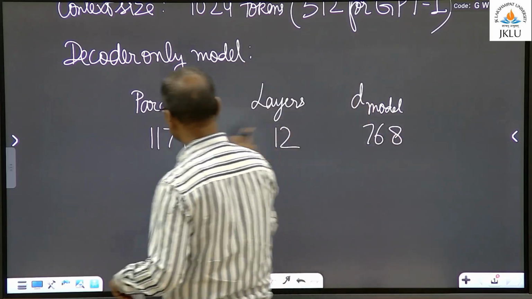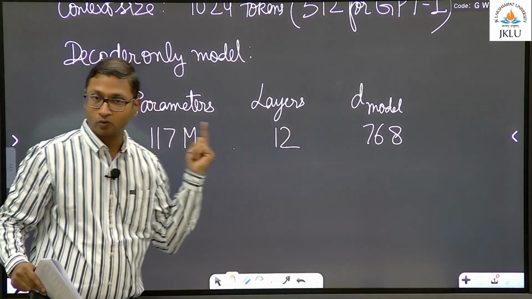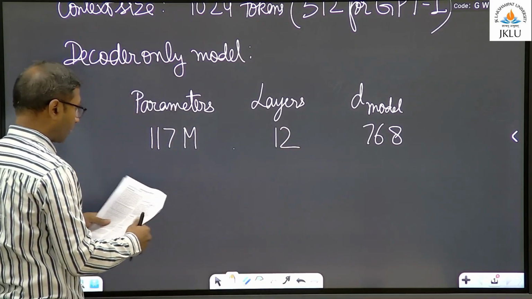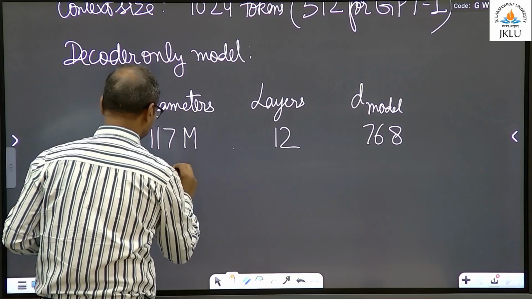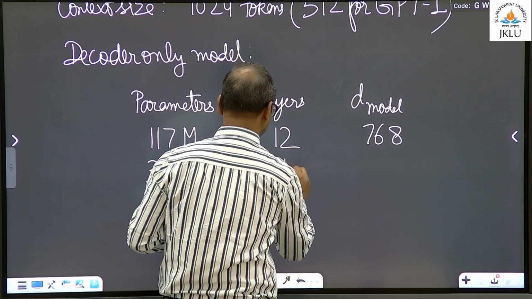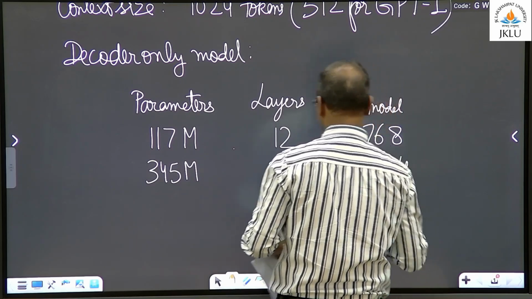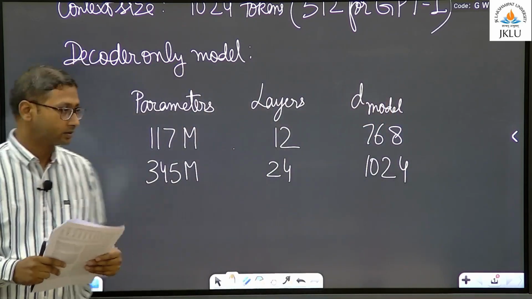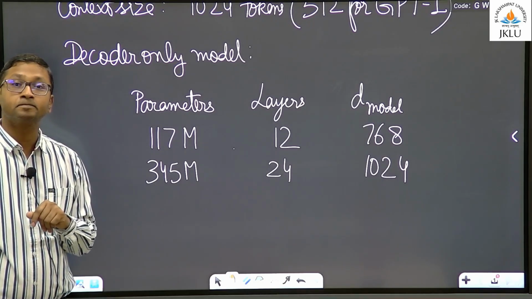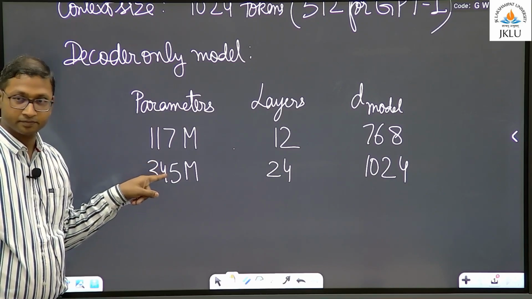which one is the first line? This is basically GPT-1, because they want to compare with GPT-1. Now which model is close to this one? This is BERT large, right?